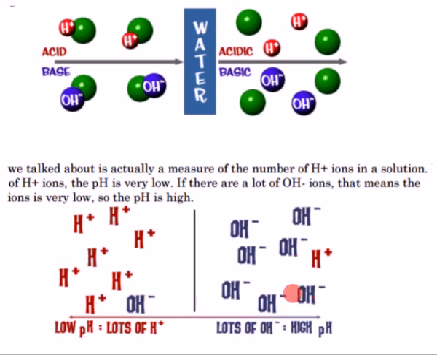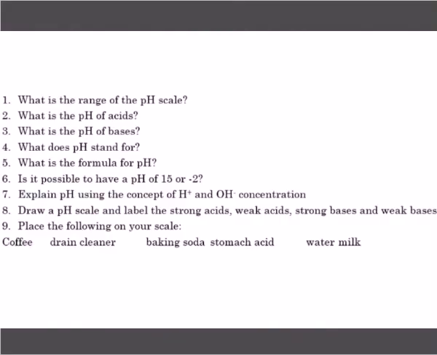On the flip side, if it's basic, you have more hydroxide ions than hydrogen ions. That's what you want to think about at the particle level. As we get into some of the calculations in a little bit, you want to be thinking, does my answer make sense? Visualize the ions that are in solution.